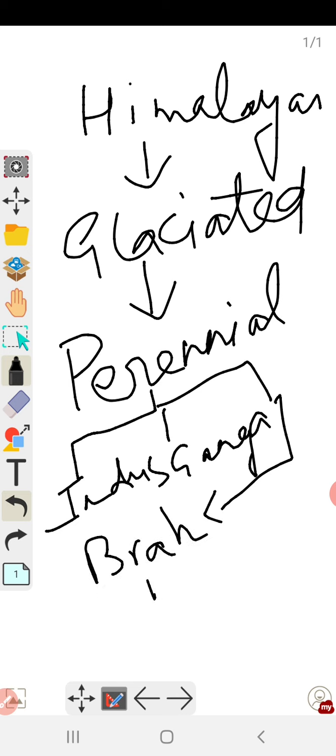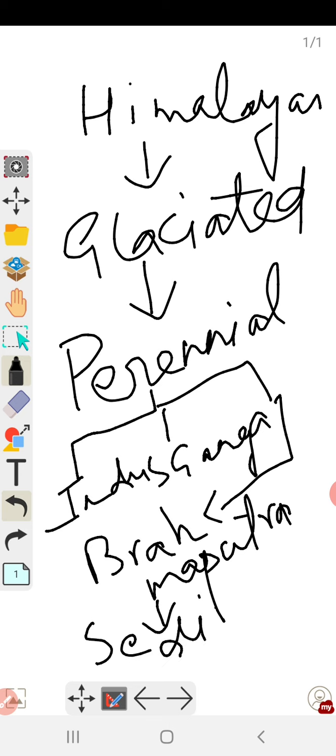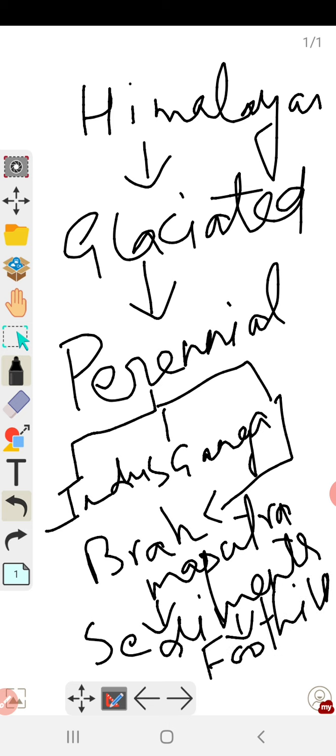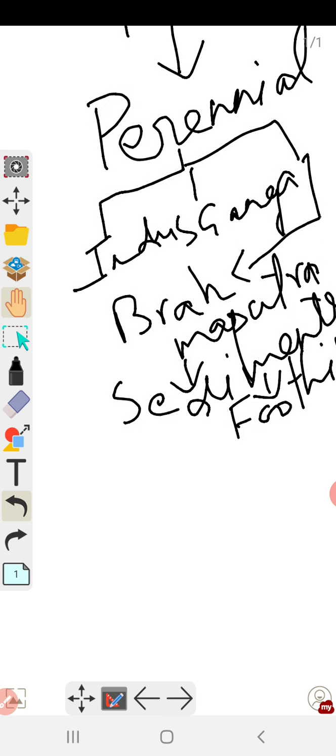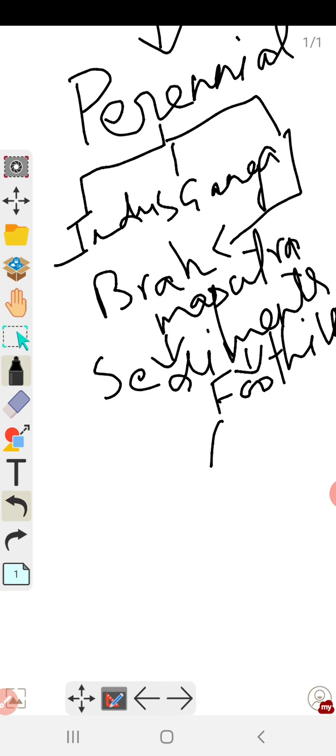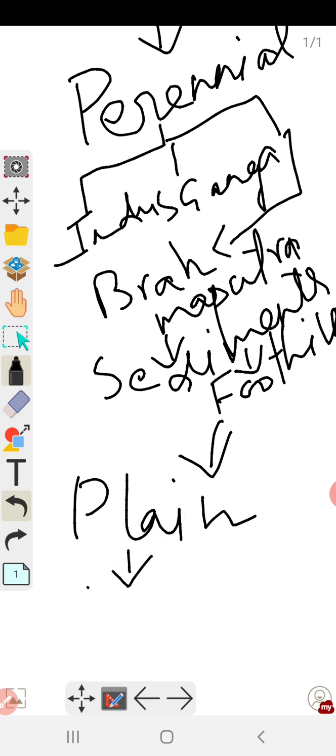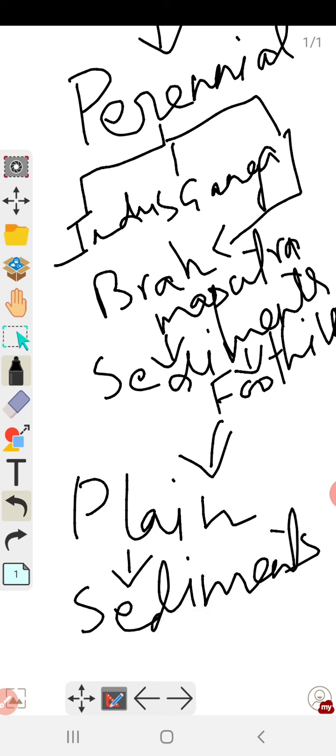So when these three rivers originated, they are continuously carrying sediments, and where are they depositing? They are depositing near the foothills. So when the depositions are there in the foothills, what is the resultant? It has created a plain region of sediments, and these sediments are thickened and termed alluvial.